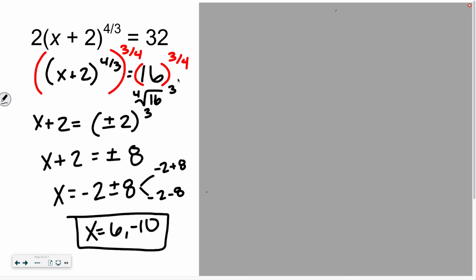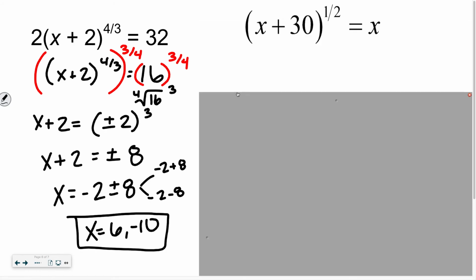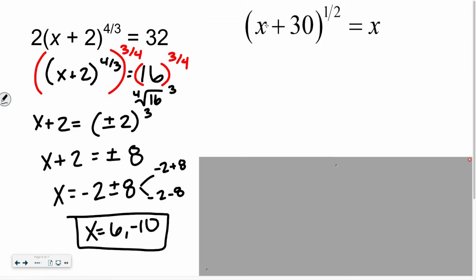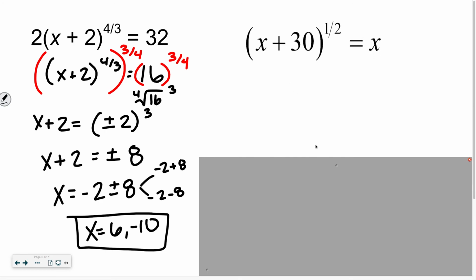Okay, last example. If I can get this thing. x plus 30 to the 1/2 equals x.